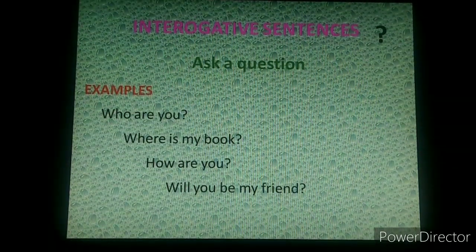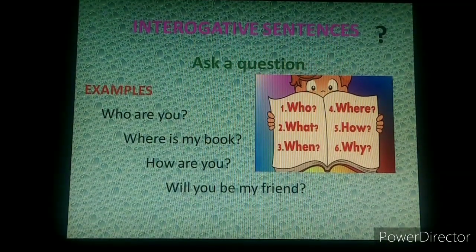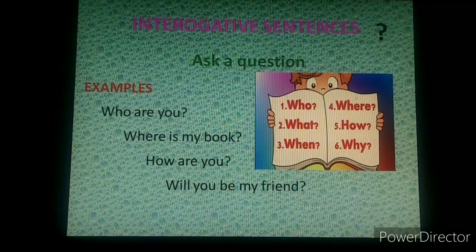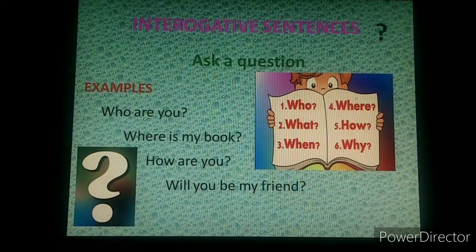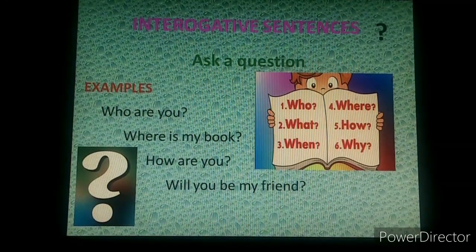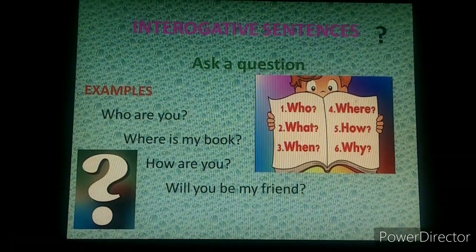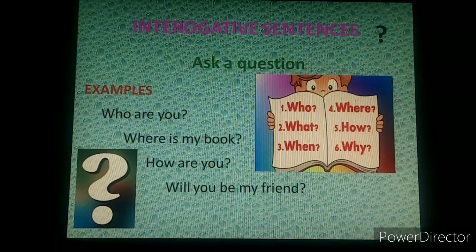So we can say the WH word, an interrogative sentence usually starts with a WH word and it always ends with a question mark. Remember, it always ends with a question mark. Now here one sentence is, "How are you?" How is not a WH word, but it is used in interrogative sentences.